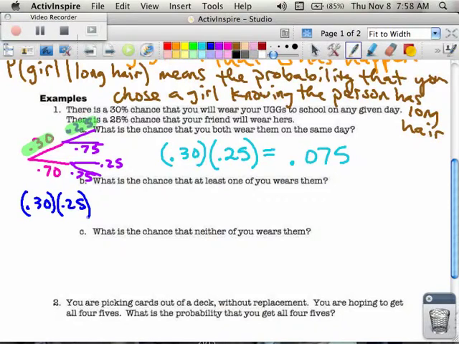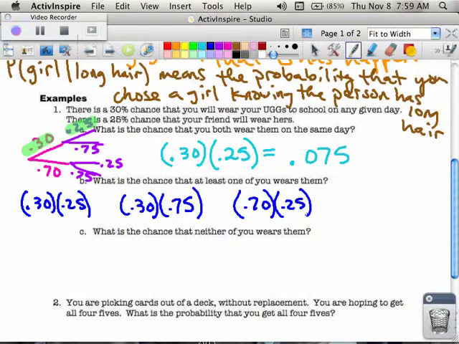There is the possibility that you wear them and your friend does not, which is the 0.30 times the 0.75 situation. And there's the possibility that you do not wear them and your friend wears them, which is the 0.70 times the 0.25 situation.